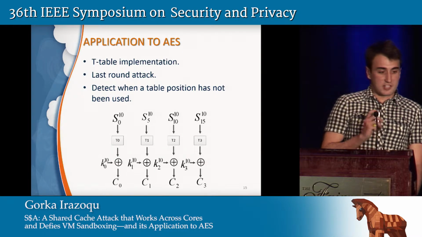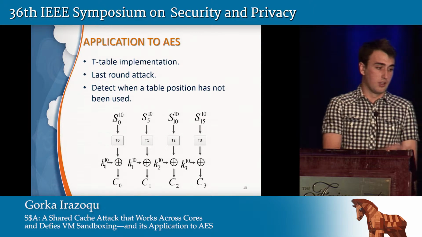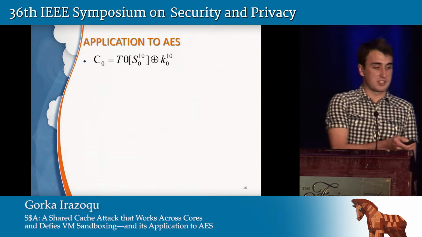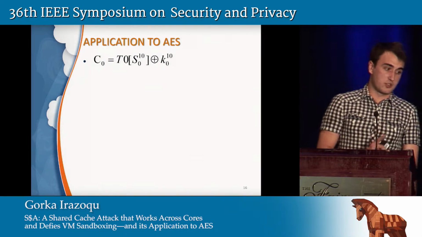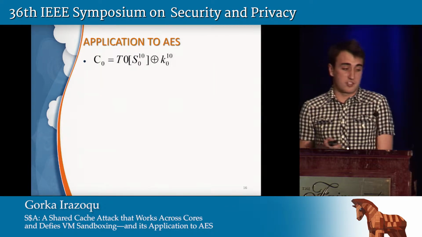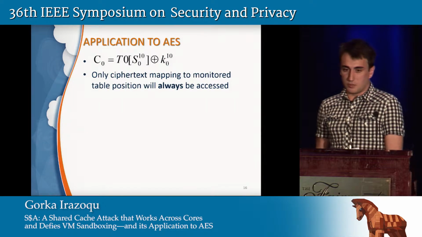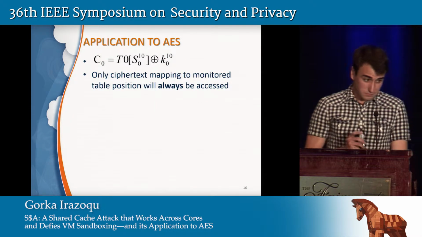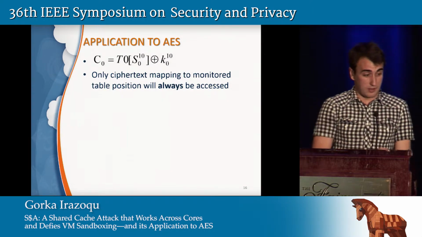So there's going to be only one ciphertext value that always uses that table position for this last round. Indeed, the one that holds this equation. The rest might have a chance or they might not have a chance of using it. So indeed, if we monitor when this has not been used, there's going to be only one ciphertext value that is going to show us a very low counter.